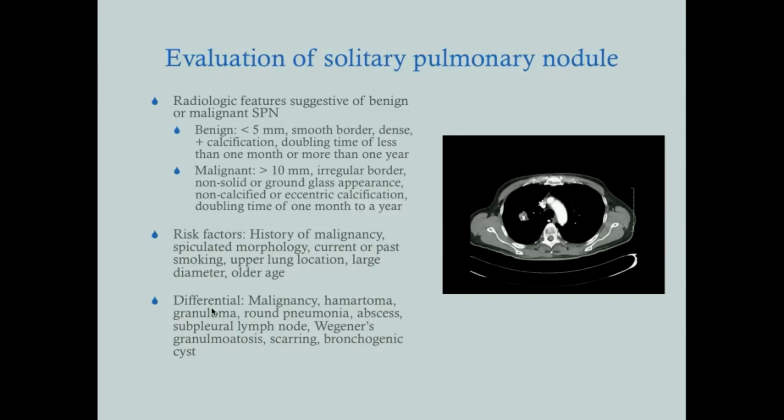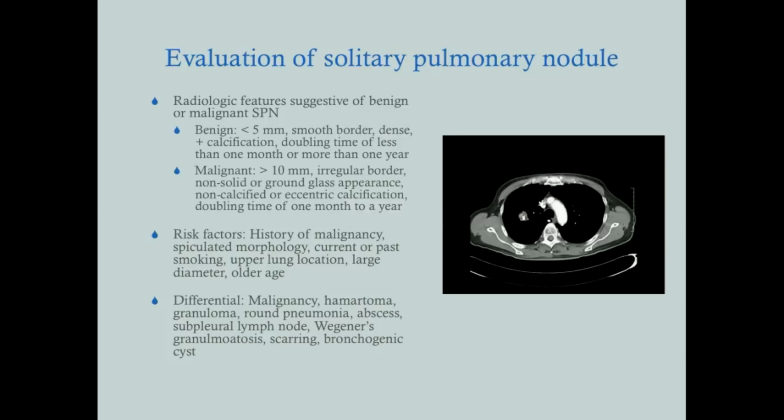The differential is vast for a solitary pulmonary nodule. Things like malignancies: non-small cell, small cell, carcinoma, lymphoma, and also the possibility of a solitary metastasis. Benign things can include hamartoma, as we had in this case. Also, arteriovenous malformations can show up as nodules, quote-unquote nodules, on chest x-ray.